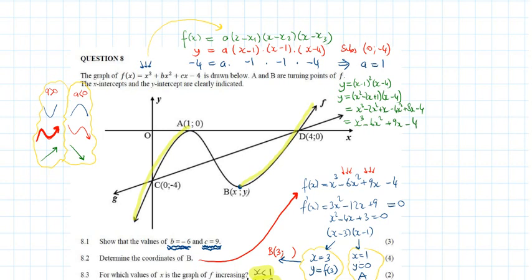So you got it. After you find the whole equation, now you can tell me b is equal to negative 6 and c is equal to 9. So you find the equation and then you tell me the values of b and c. But as I said, in this question we don't really need to make that substitution at the beginning since a is already given as 1.